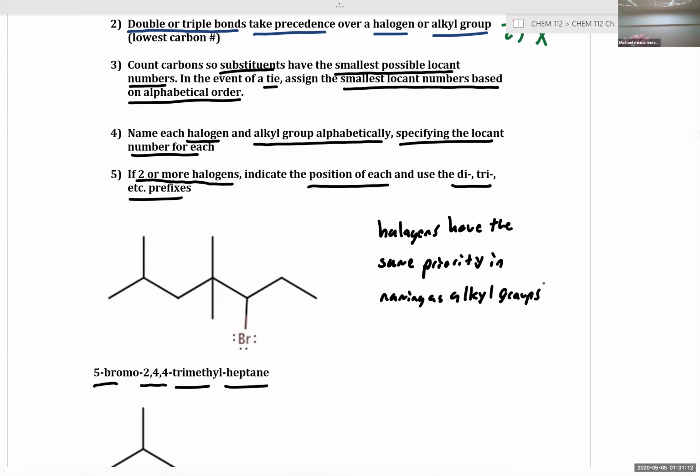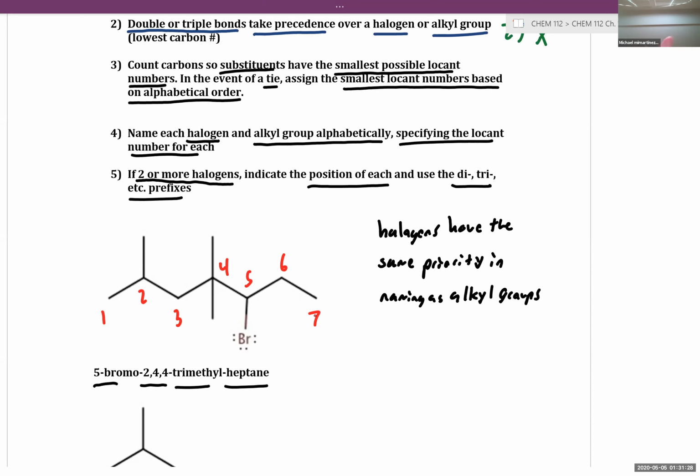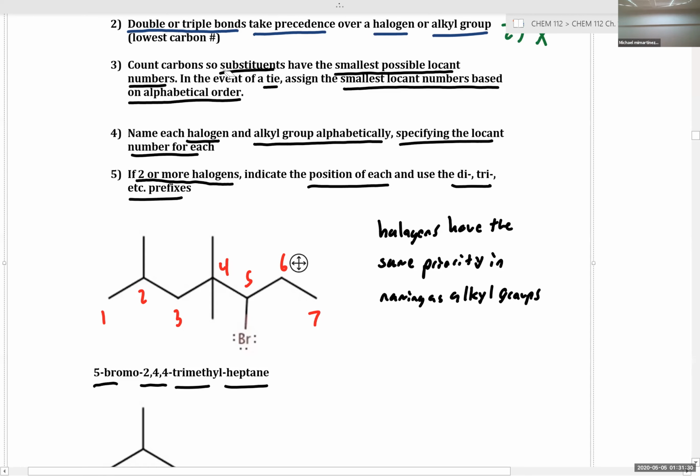So let's look at our two options in blue and red. So the longest chain is pretty straightforward, just from left to right or right to left. In terms of our carbon locant numbers, we can either count from left to right in red or right to left in blue.